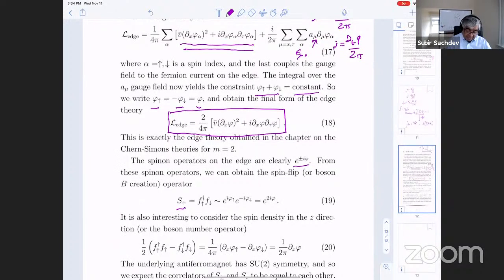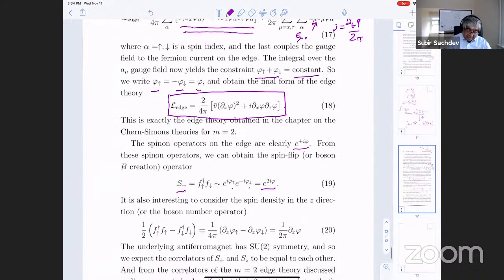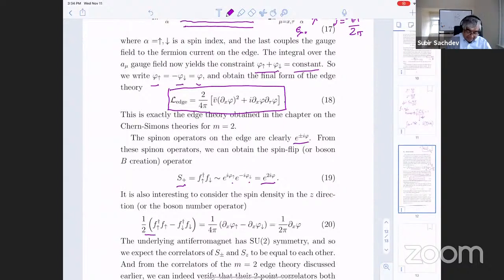And the spin flip operator, like I said, gives you e to the 2i phi, because if one is phi up and the other is phi down, they have opposite signs, and you get 2i phi. Another interesting operator to consider is the spin density, not the total density, but the difference in density of the fermions. Well, that's this difference, including that factor of 1/2, and that gives you a 1/2 pi gradient of phi.